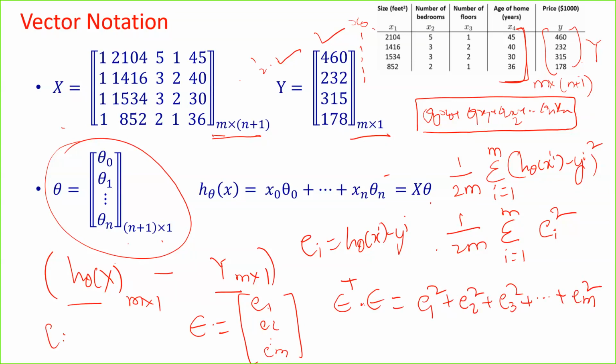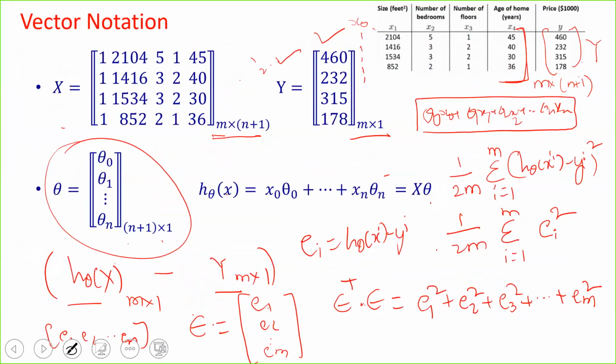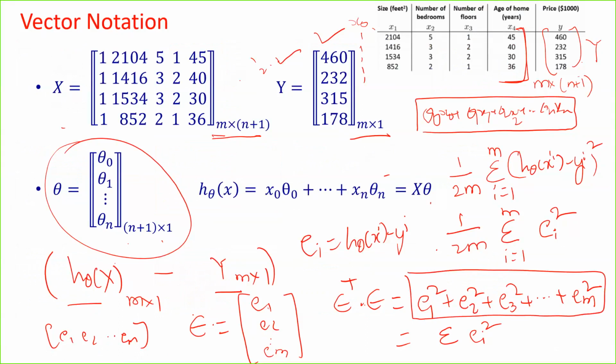E transpose is the row vector E1, E2, and E is the column vector. What will happen when I multiply this? I will get the sum over i equal to 1 to m of ei square. So if I take E transpose times E, this is a vectorized implementation of this.